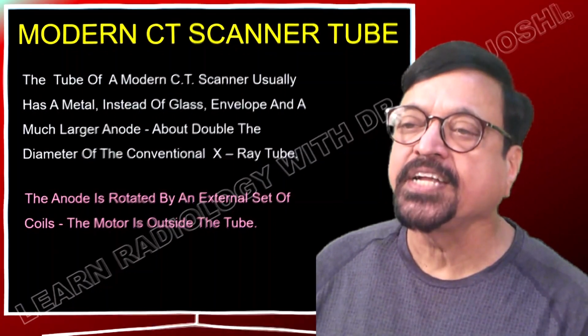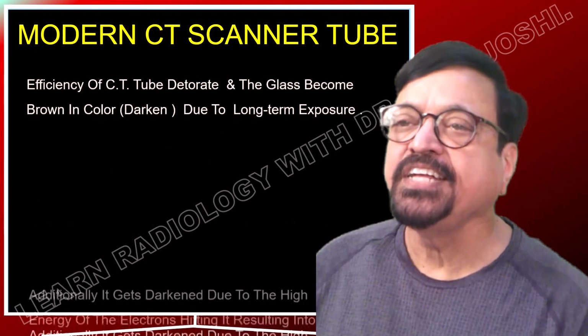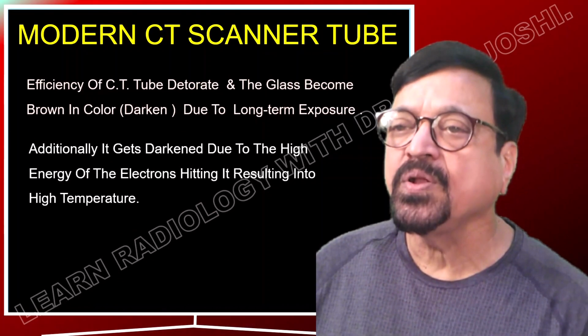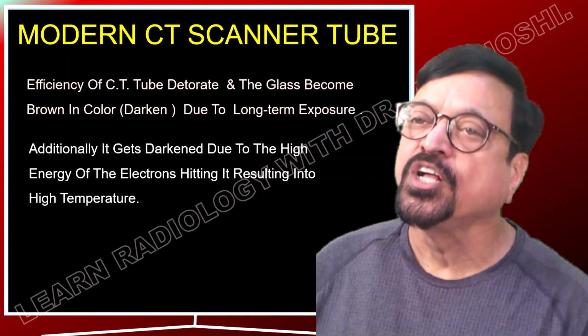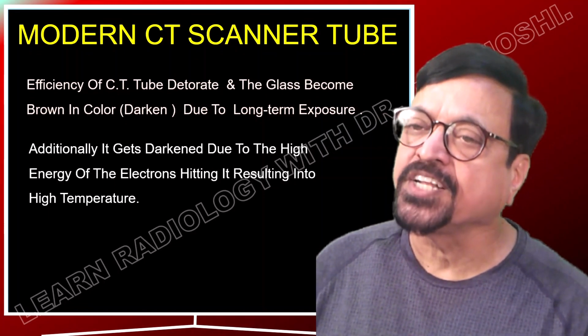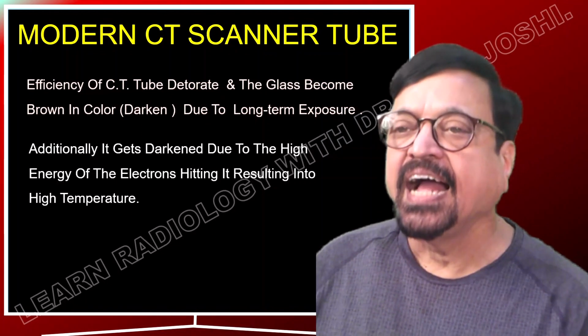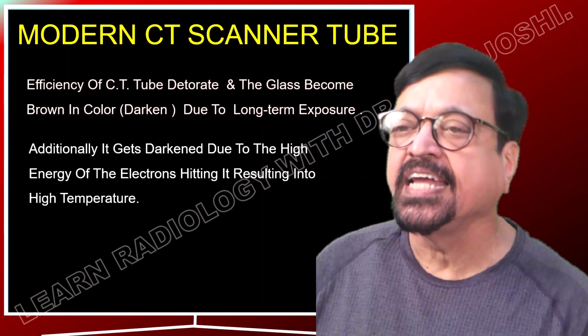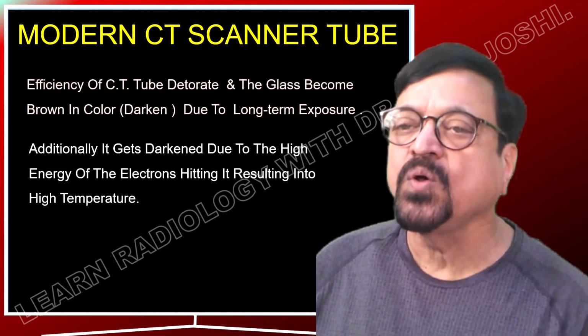The motor is outside the tube and it is of higher capacity. Then, the efficiency of the X-ray tube and detectors: the glass becomes brown in color due to long exposure. So this factor has to be taken into consideration during calibration. Additionally, it gets darkened due to the high energy of the electrons hitting it, resulting in high temperature.